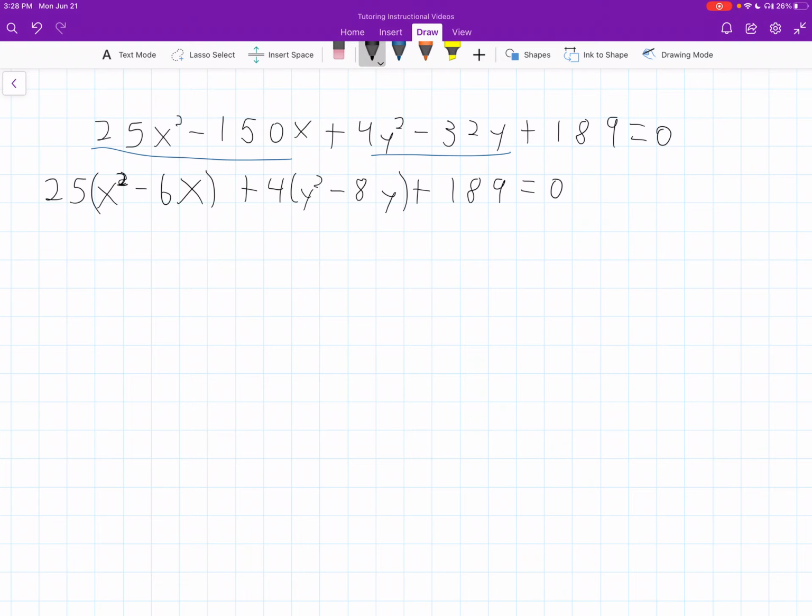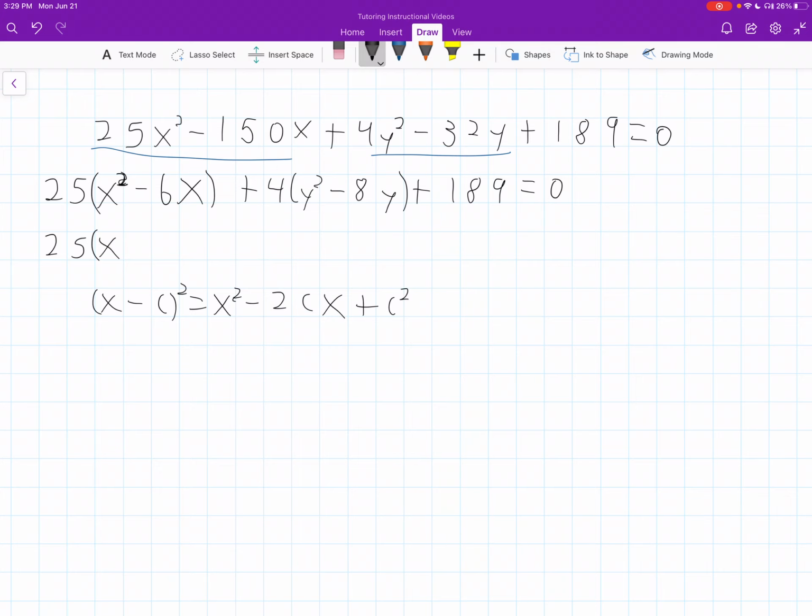Okay, now what do we do? Well, remember, I want to write this as x minus h squared. So you may remember from completing the square that, of course, we're going to have x here as our term. And so when we have something like x minus c squared, as a side note, this comes out to be x squared minus 2cx plus c squared.